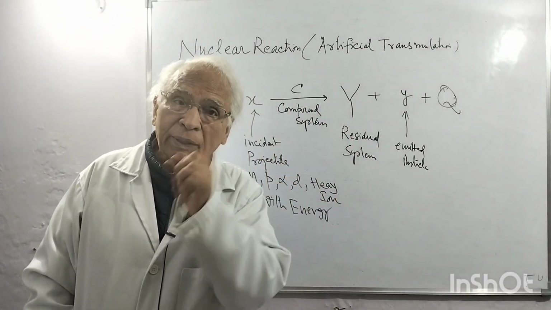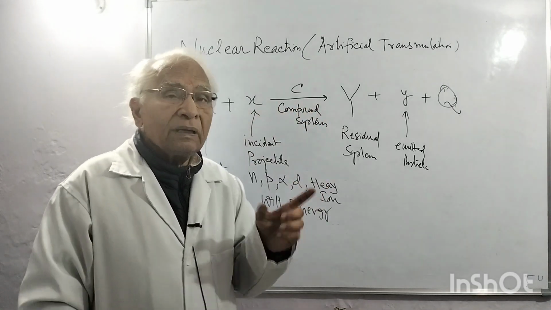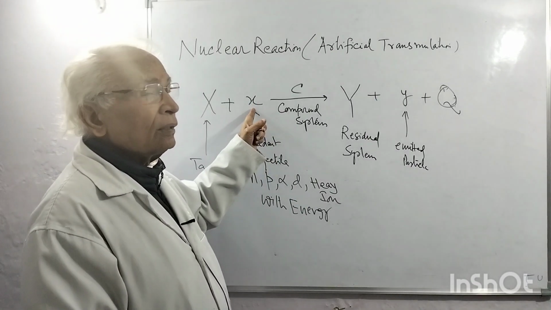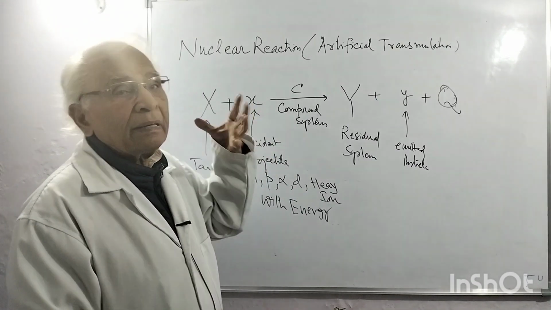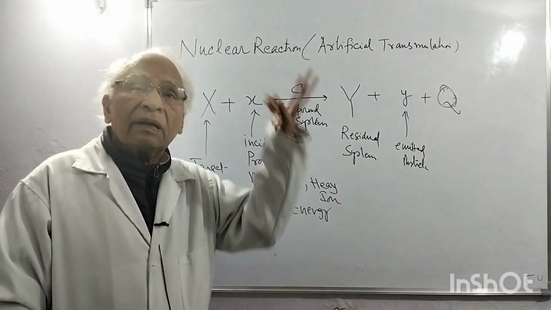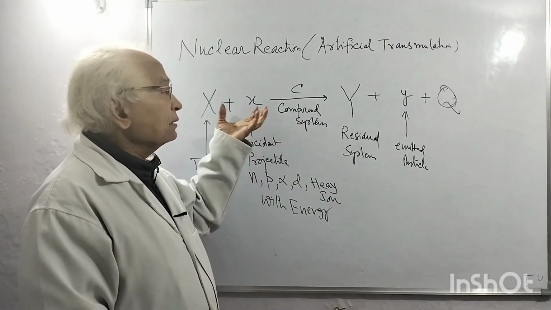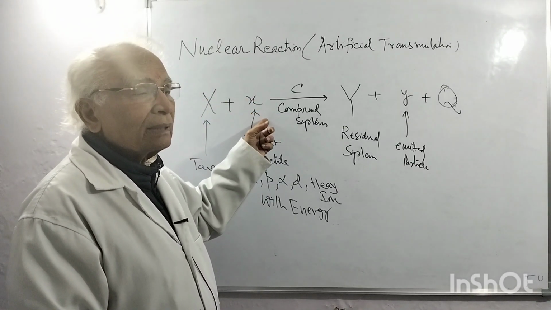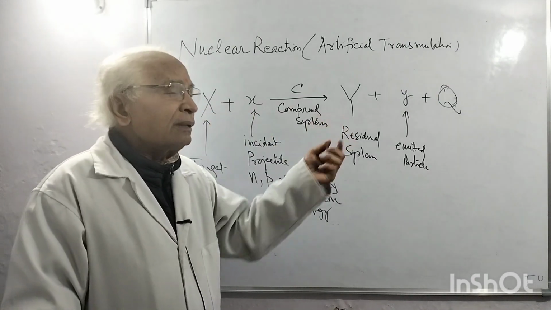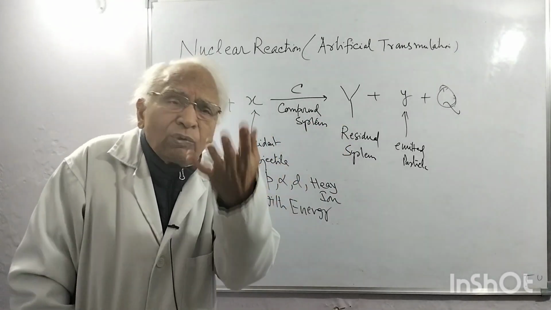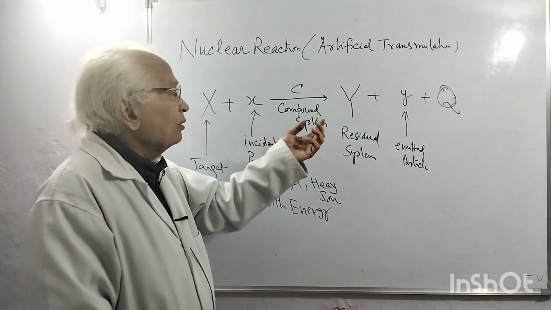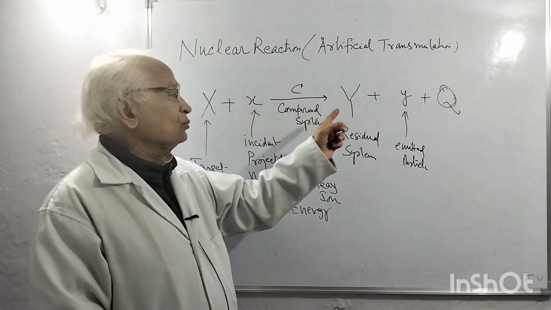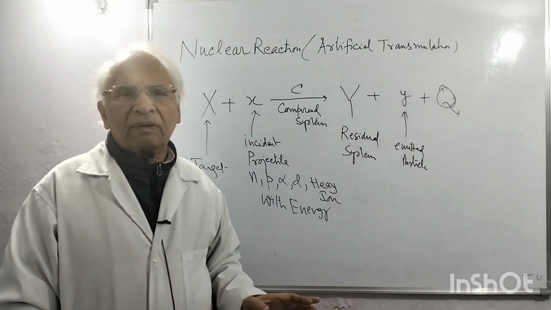But remember, production of gold this way becomes very costly, because you have to make an energetic projectile, and for that we need an accelerating machine costing crores of rupees. And then the amount we get is very small, only a few nuclei, just traces. So conversion of element X into gold is a very costly affair.